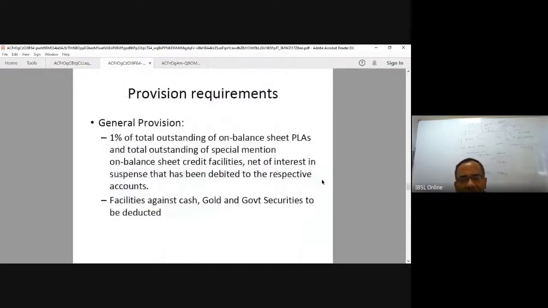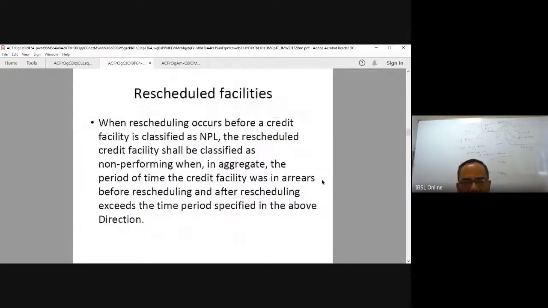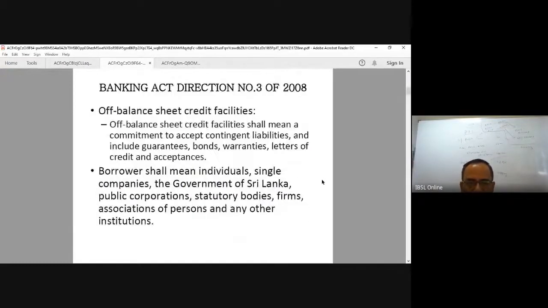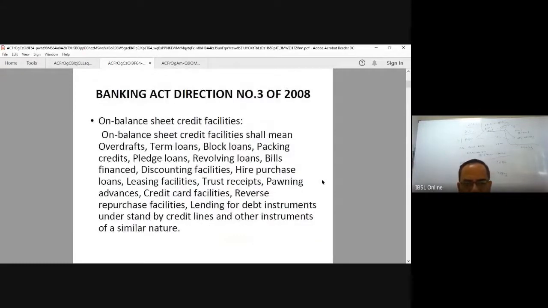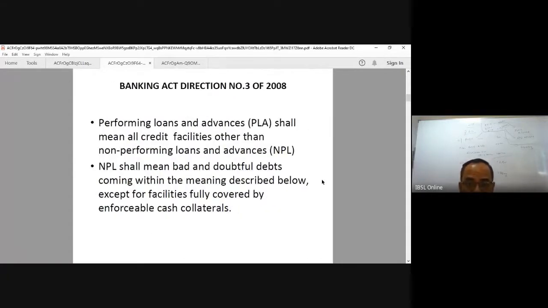So we have fully looked at how the classification is done. What are your own balance sheet facilities? Who is a borrower? Who is a performing advance? What is a non-performing advance?